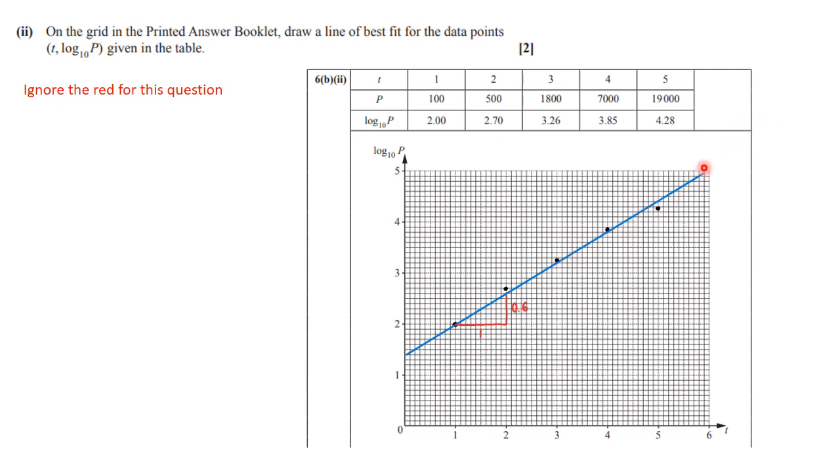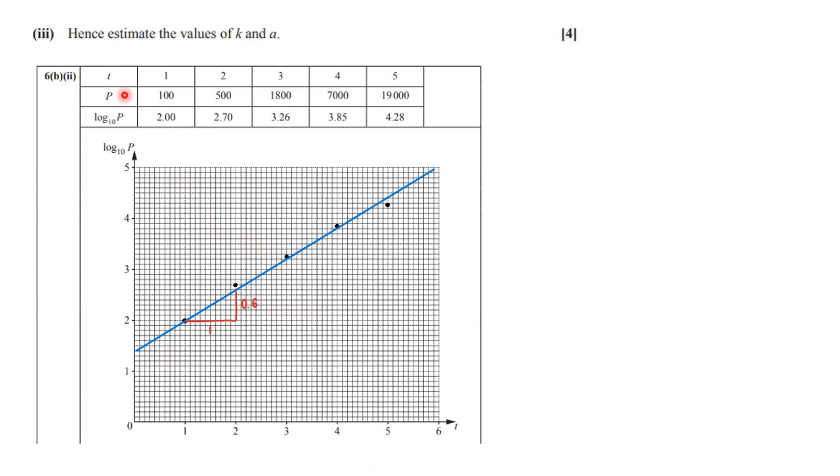And then I drew my blue line of best fit to try and get through the middle of the points, as close to the points as possible, to reduce any distances between the black points and the blue line. For the next question, you're going to want to make sure that your line of best fit goes all the way to this y-axis.